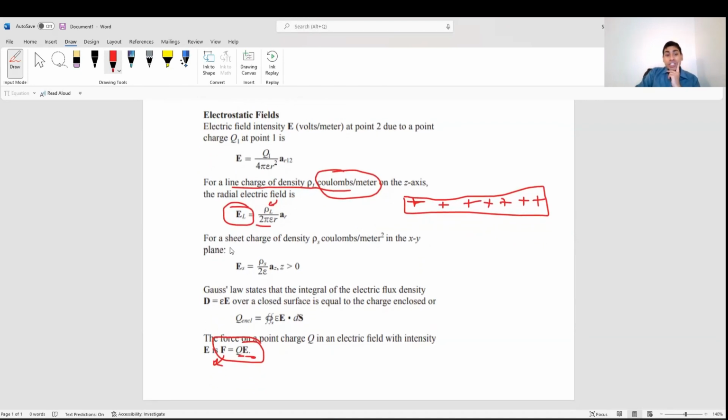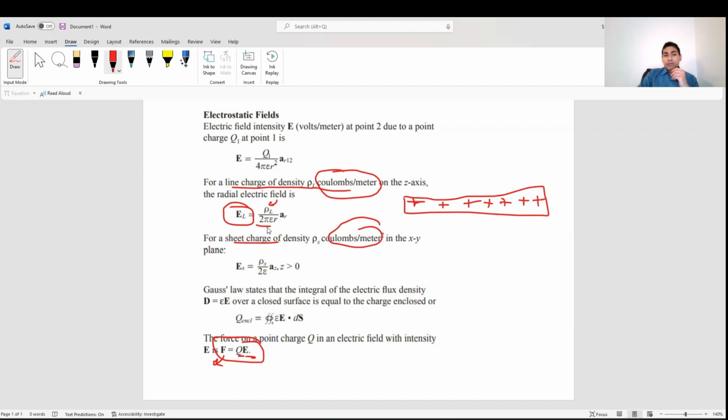Now, if it was just one single line, you take the line charge density. However, if it's a sheet of charges, it's also in coulombs, but since it's over an area, it's meter squared. So it's coulomb per meter squared. Just pay attention, but more or less it's the same procedure.